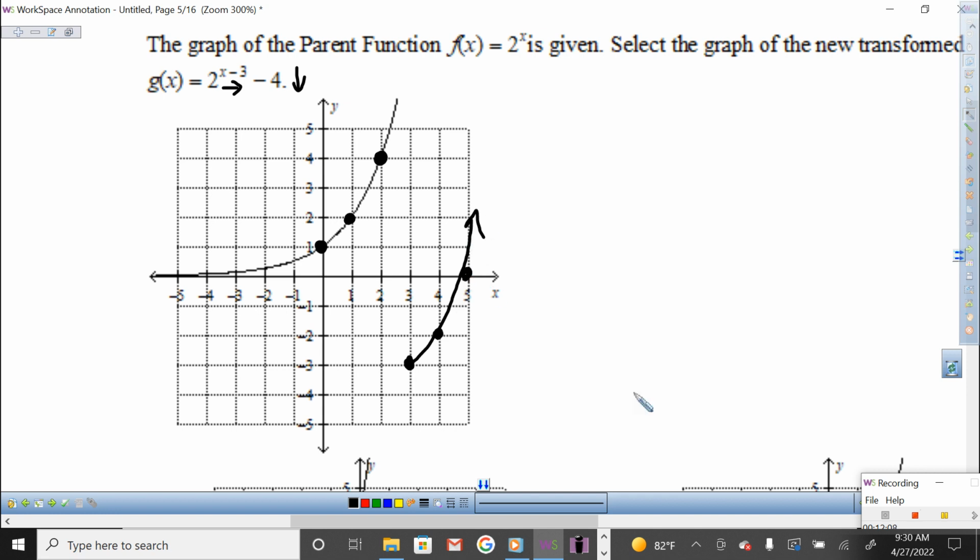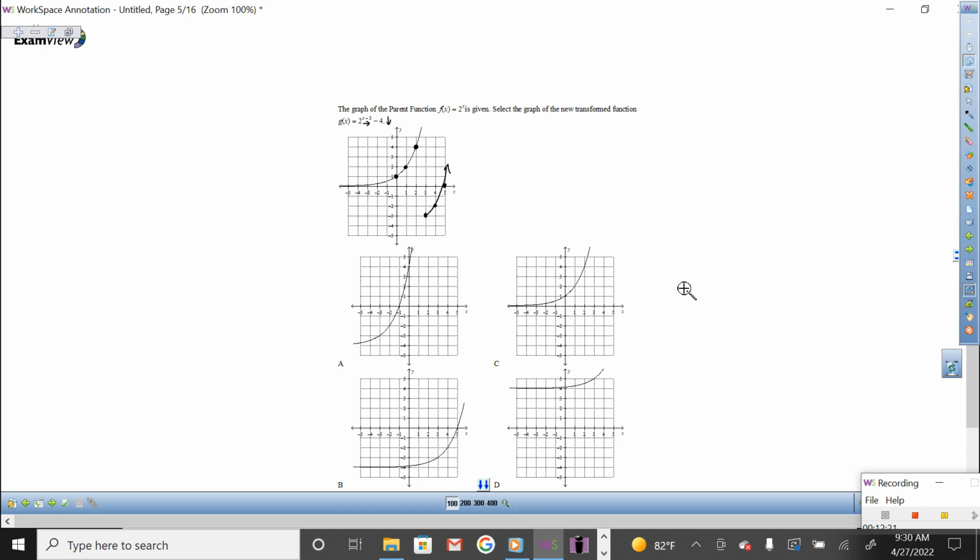Then you match it to whatever looks like that. Tell your neighbor what you got for that one, please. Which one is the correct answer? Everyone? B is correct, yes. And that's how you work these. Make sure, instead of looking through, because sometimes you're going to get confused, because there's going to be at least 2 that are going to be very similar. Just giving you a heads up, okay?